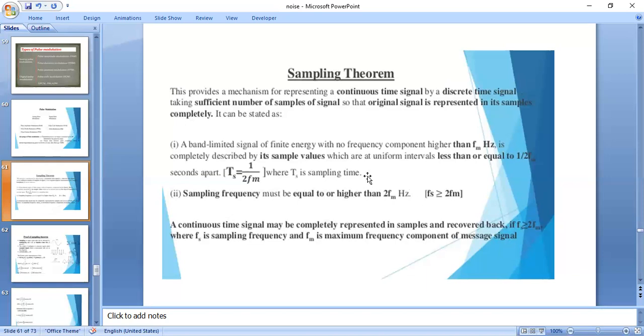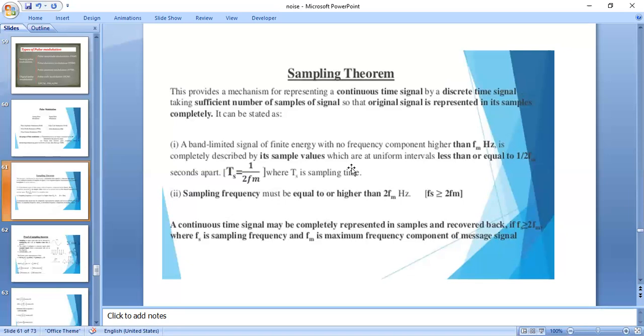Sampling time and sampling frequency are inversely proportional, and the sampling time is equal to 1 by 2fm. The uniform intervals are always less than or equal to 1 by 2fm.